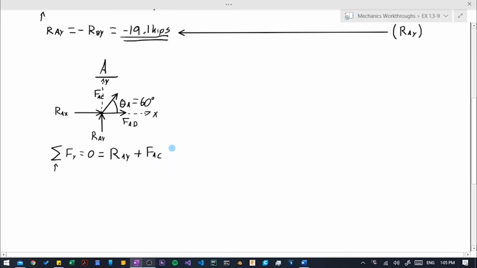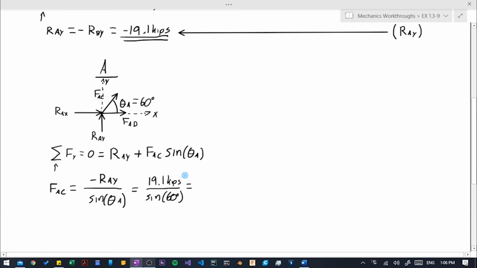And for the member force, we need to find the component that's vertical, so we multiply by sine of theta A. And then we rearrange to find FAC. And this is equal to 22.1 kips.